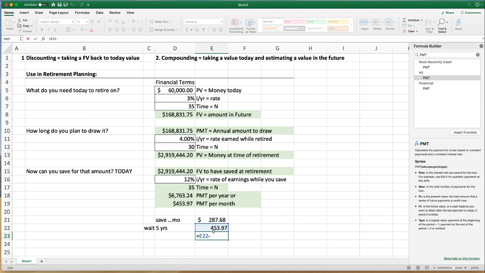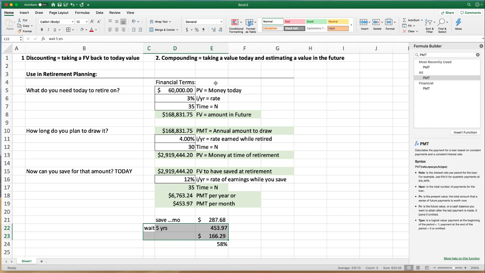Waiting 5 years cost me another $166 extra dollars. And in fact, it cost me an extra 58% more money to wait 5 years.